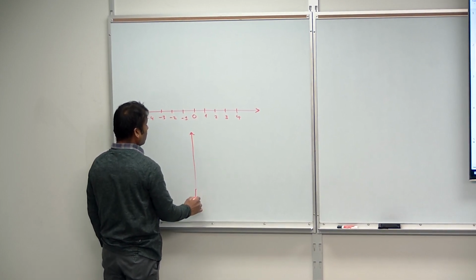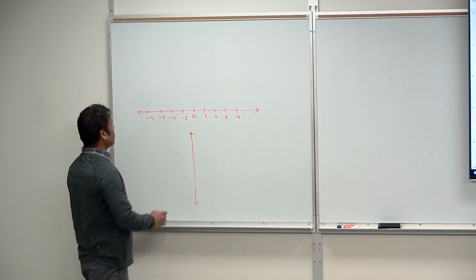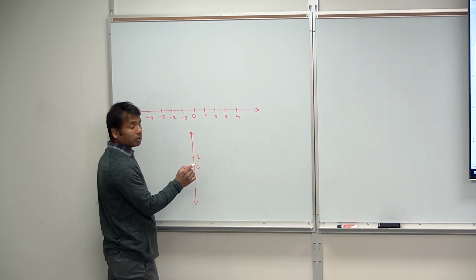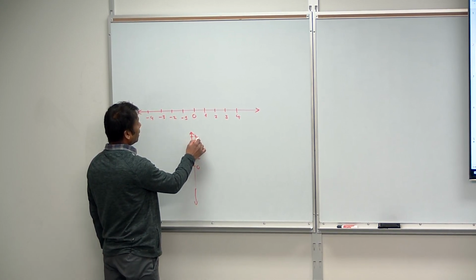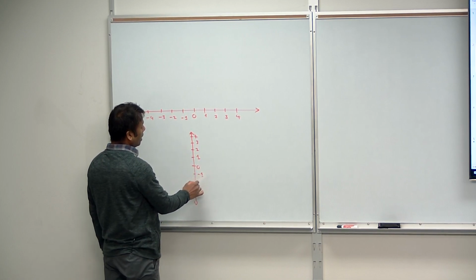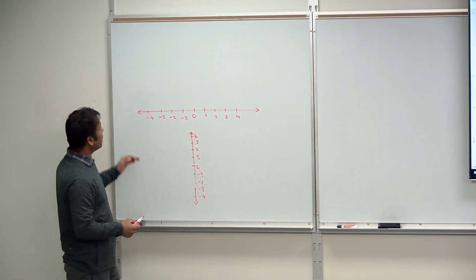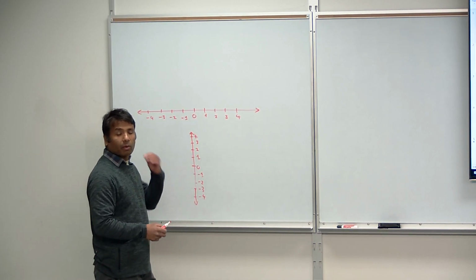So you have a 0 here. If you go up, you have positive numbers, 1, 2, 3, 4. If you go down, you have -1, -2, -3, -4. So this is a horizontal number line. This is a vertical number line.